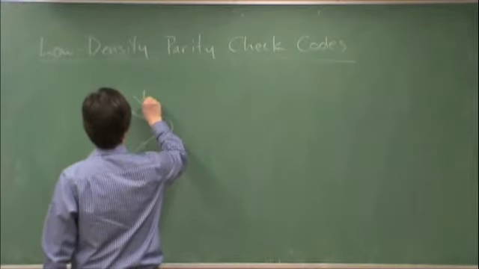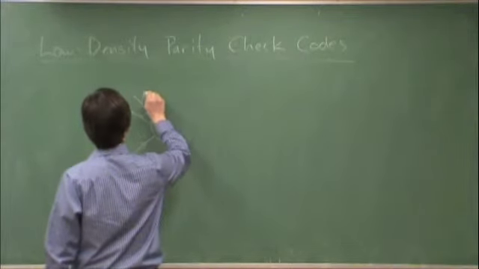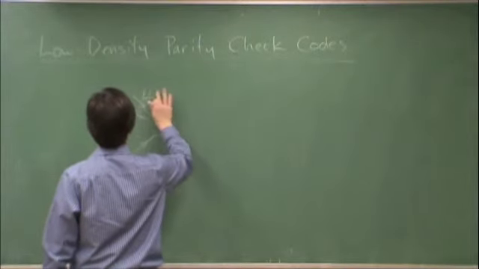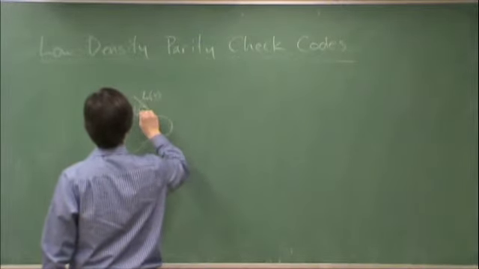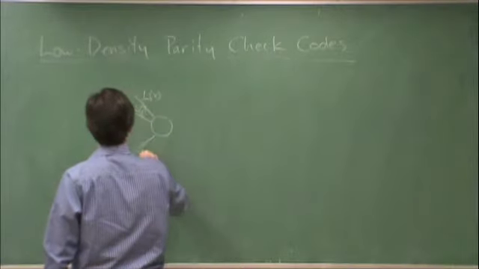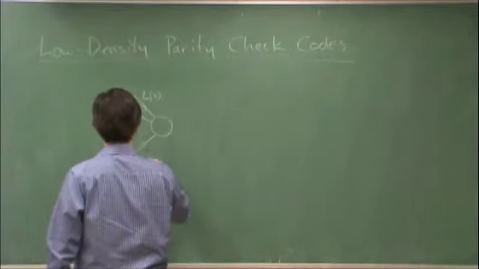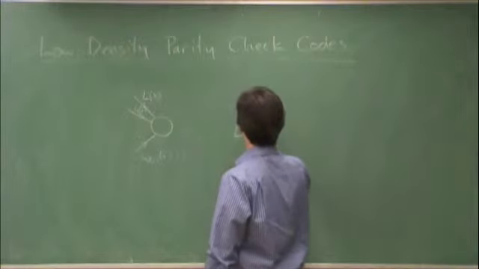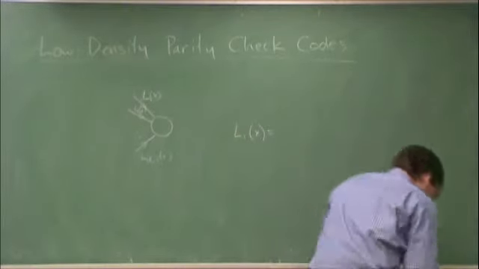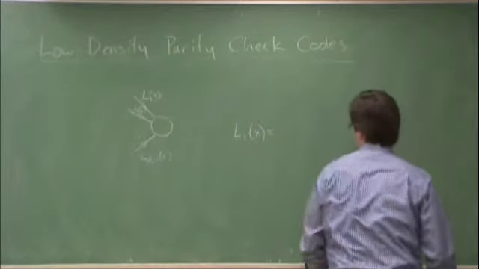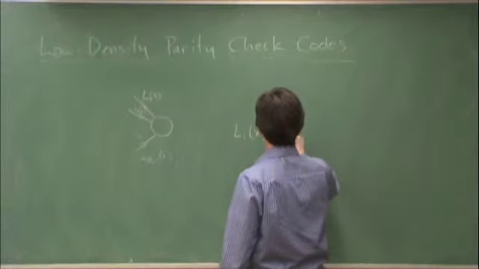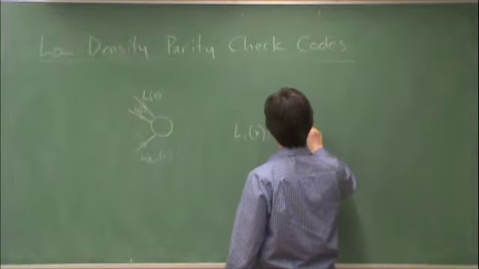I have L1 of x, L2 of x, and so on up to L dv minus 1 of x, where Li of x is the natural log of the message.